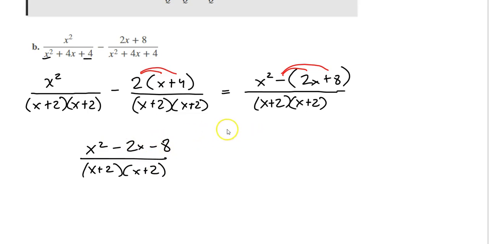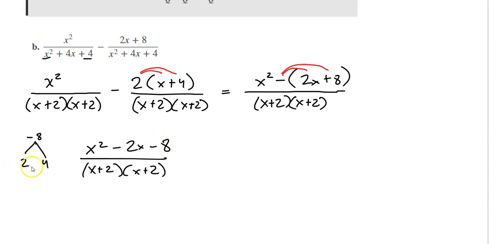We've got an 8, so we're going to use the AC method here, and I've got a negative 8. Well, what can I do to create a -2 and a -8? How about a 2 and a 4? 2 and a 4 is going to give me an 8.